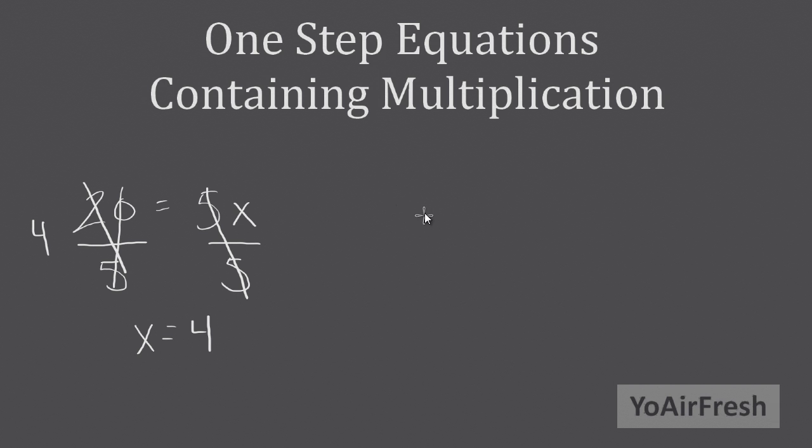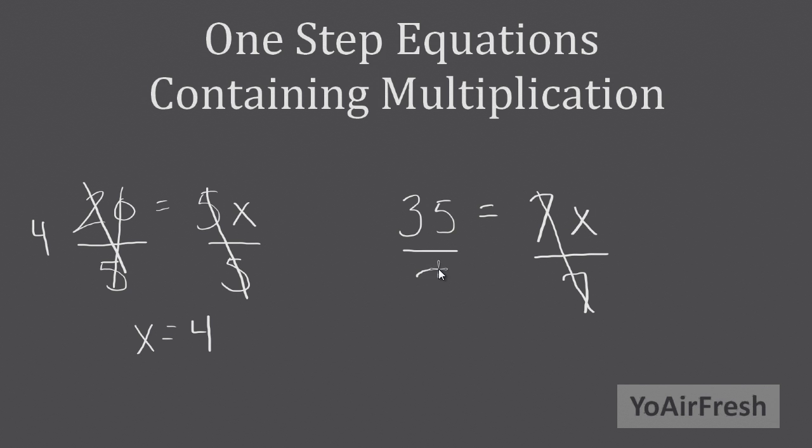Let's do another here. Let's say we've got 35 equals 7x. 7 times what number equals 35? Same thing, isolate the variable. Divide by the coefficient. 7 divided by 7 equals 1. 1 times x equals x.